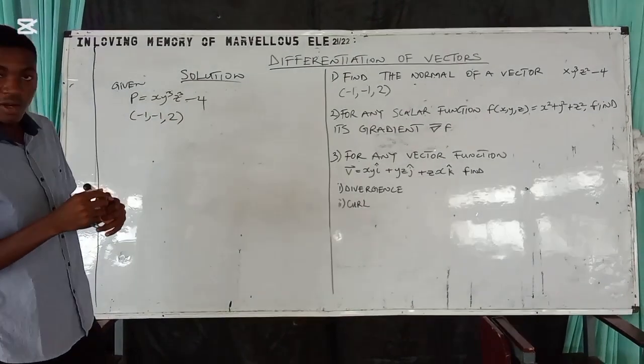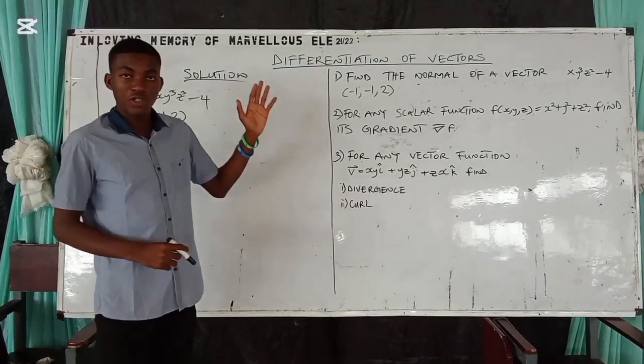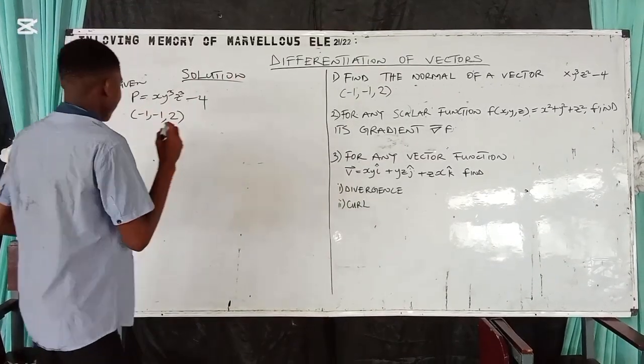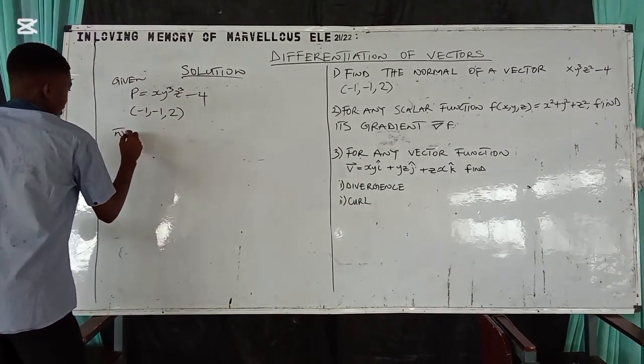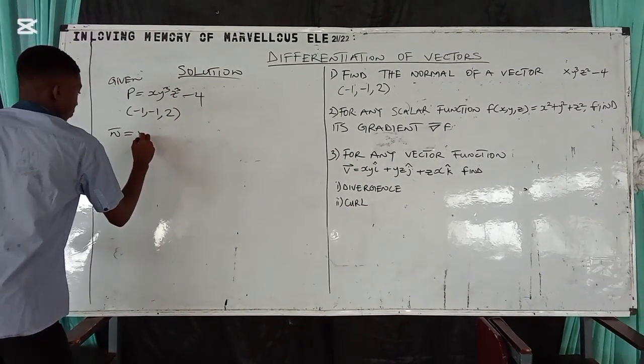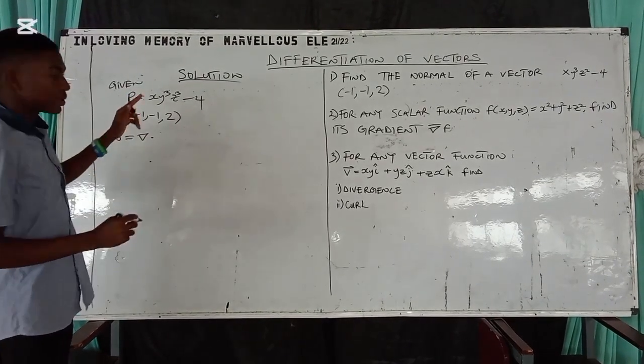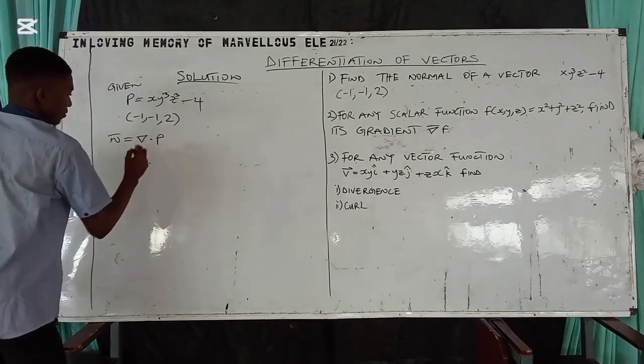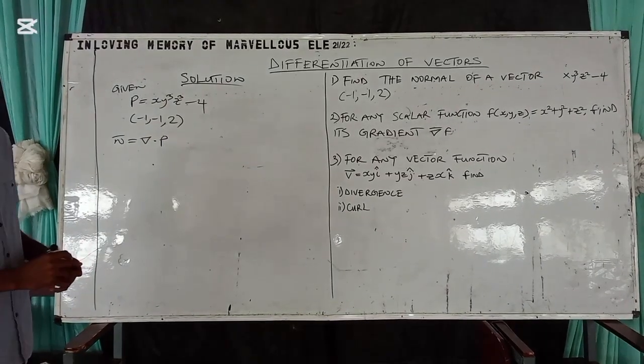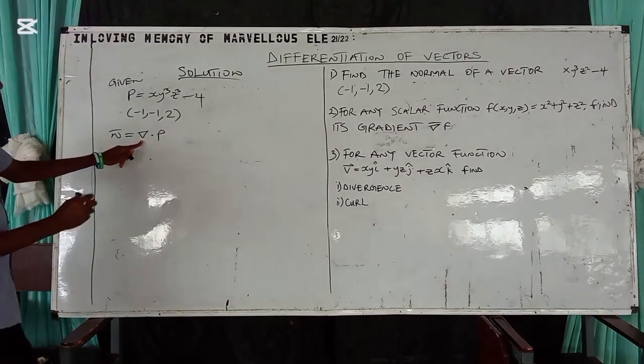So you find the normal of the vector. In the differentiation of vectors, this is the formula for the normal vector: n bar equals your vector operator times the vector itself, in this case vector p. And what's the vector operator?